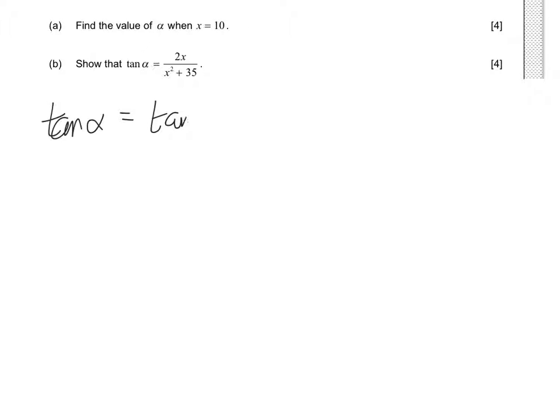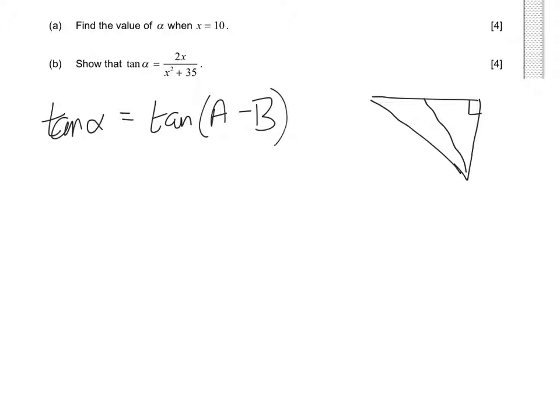It's tan, just call it A minus B. I'm just going to sketch the diagram out again, where A is this angle here and B is this angle here. Put the colour code in just to make that super clear. That's A and that's B, and alpha is the one we're trying to find.